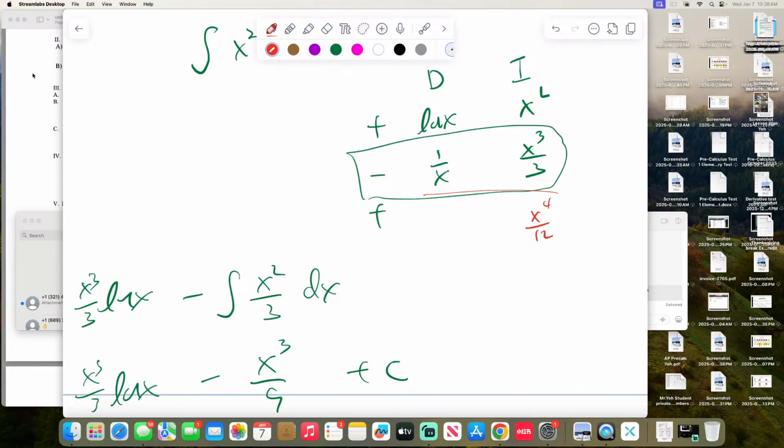It would be 11 pi over 12. Is it 6 on the top or 6 on the bottom? Okay, 6 on the bottom, and then 11 will be on the top.